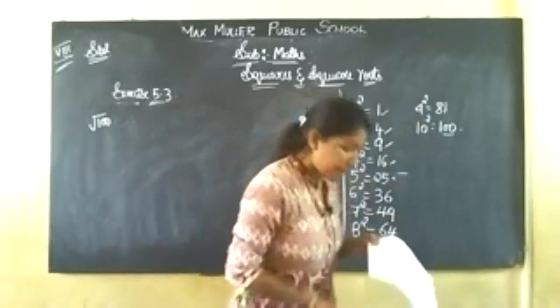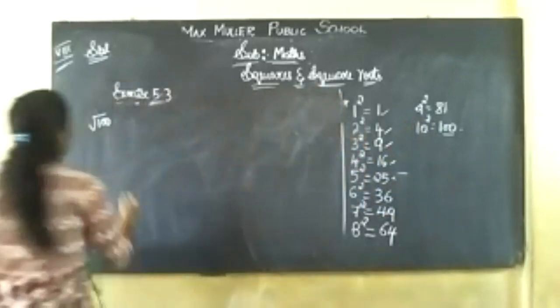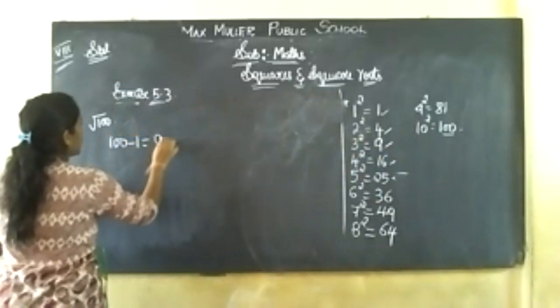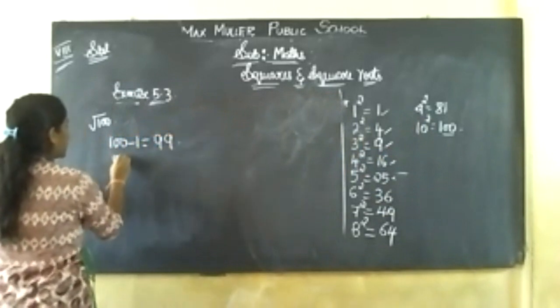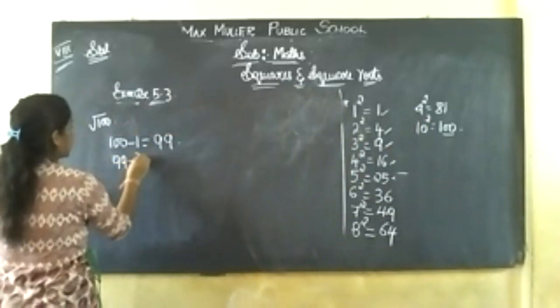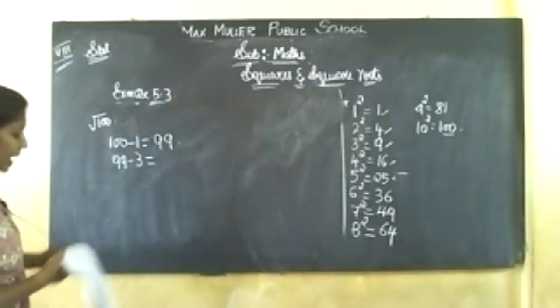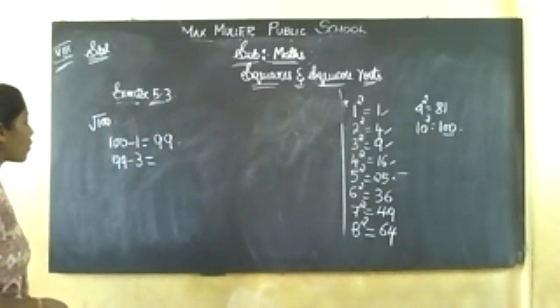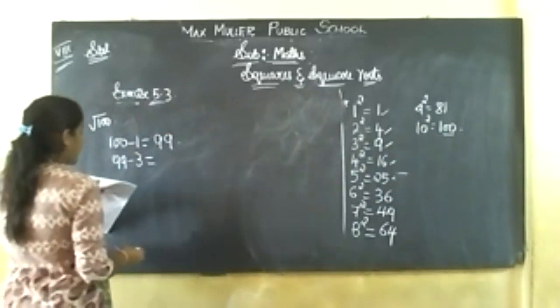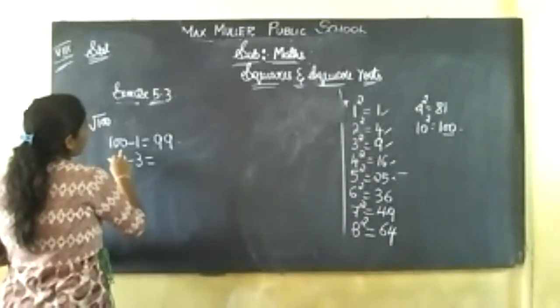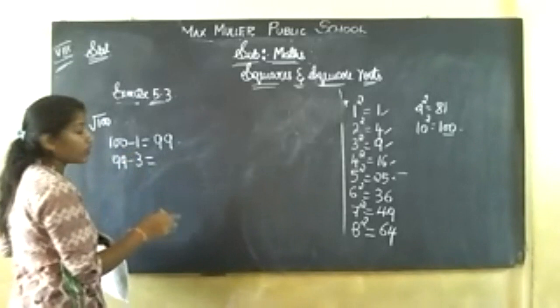By repeated subtraction: 100 minus 1 is 99. Again, 99 minus 3. Why 3? You have to take the odd numbers: 1, 3, 5, then 7, 9, like that. Okay, odd numbers, you are taking.